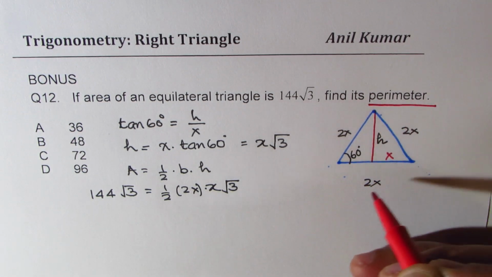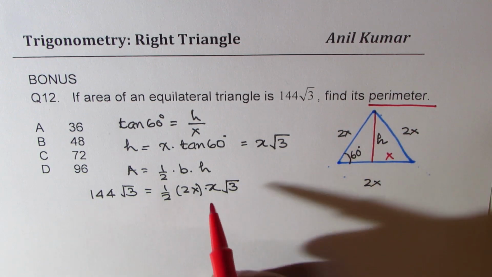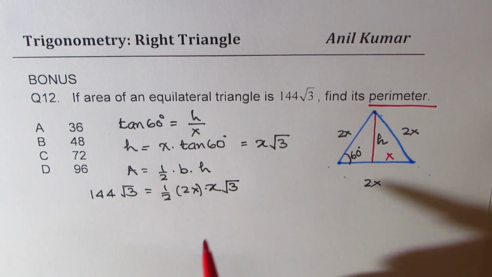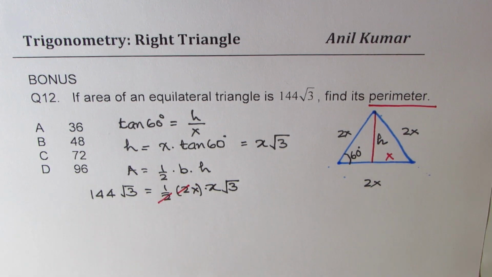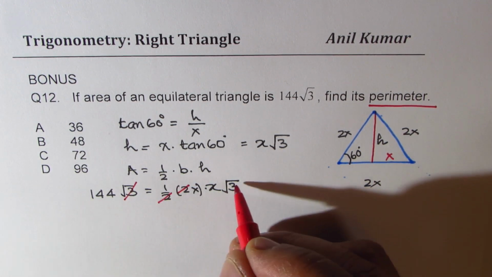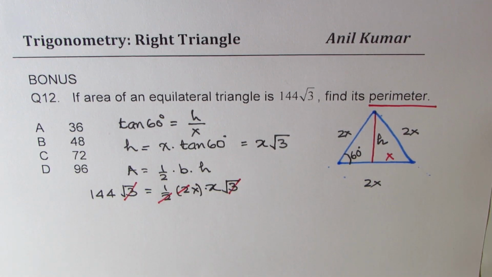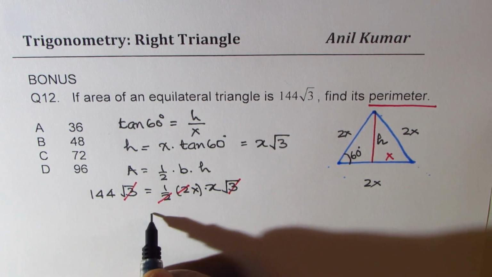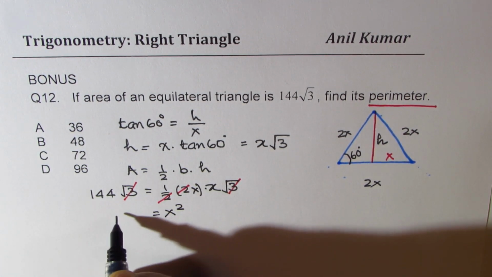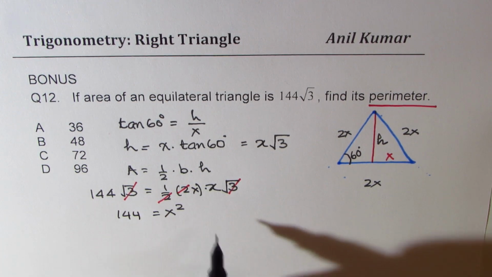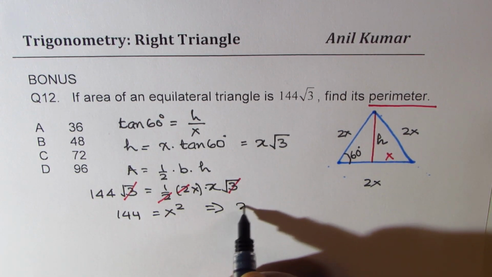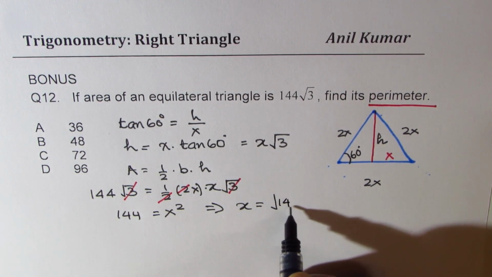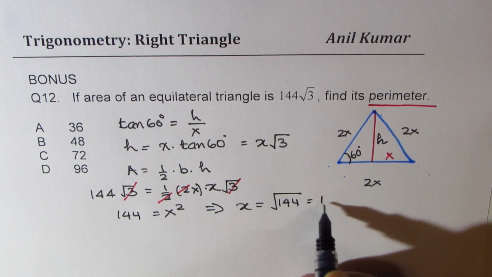The perimeter is the sum of these three sides. So basically, let's find what x is, correct? So let's simplify this. x and x cancel. 2 and 2 cancel. Square root 3 cancels, correct? So from here, we have x squared equals 144. And that gives you the value of x as square root of 144, which is 12.